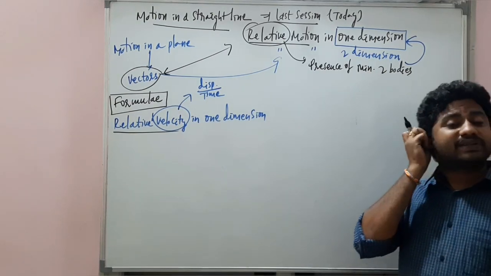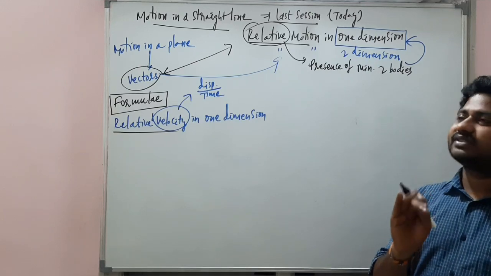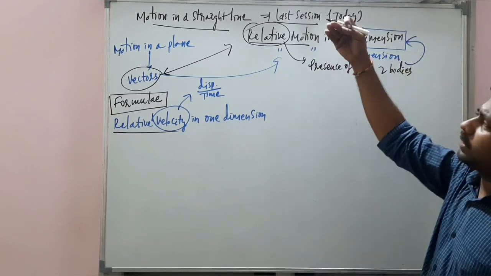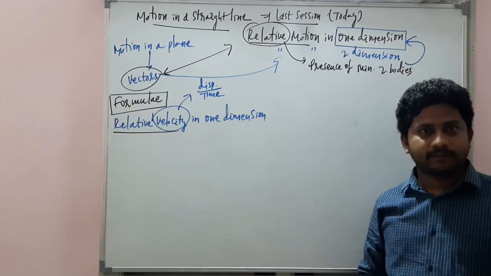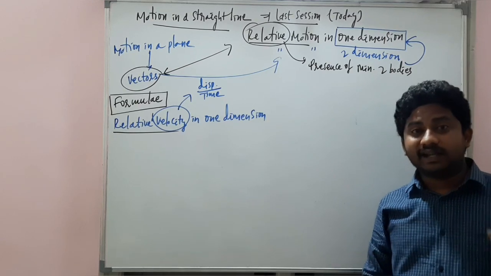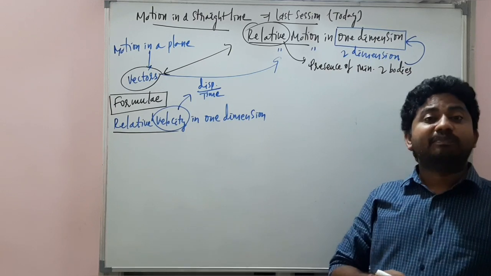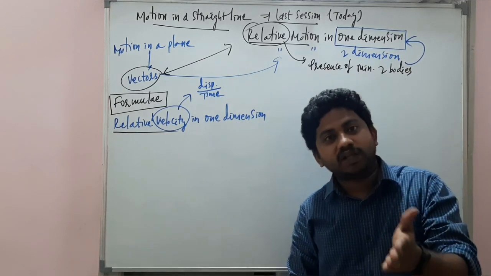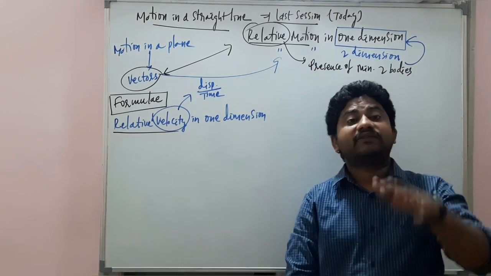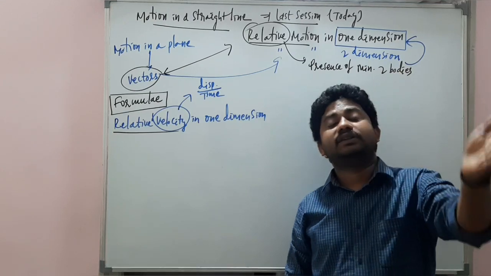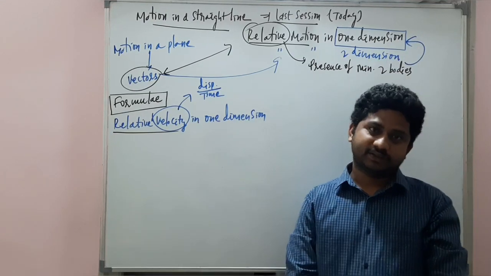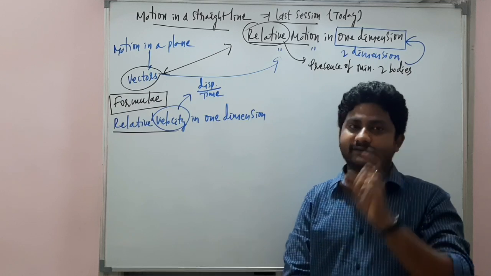Then only we talk about relative. Relative density: density of one object with respect to the other. Relative mass: mass of one body with respect to the other. Relative height: height of one person with respect to another person. So that's called relative.